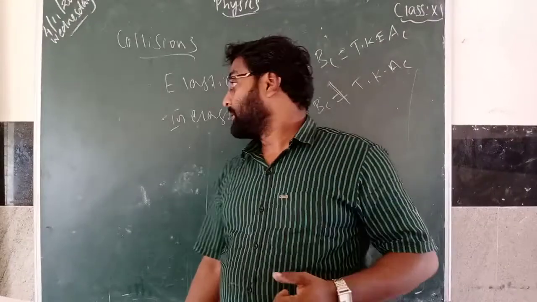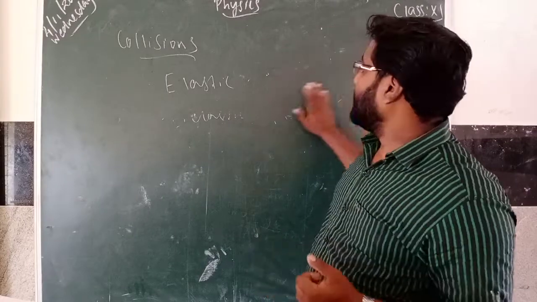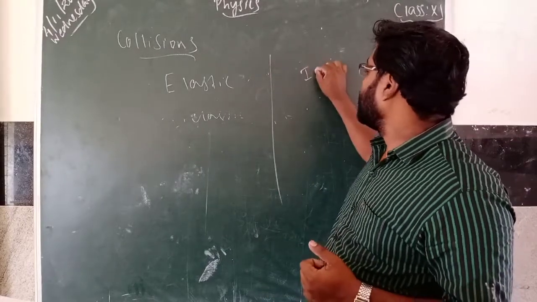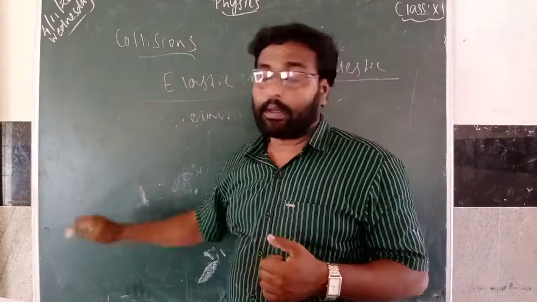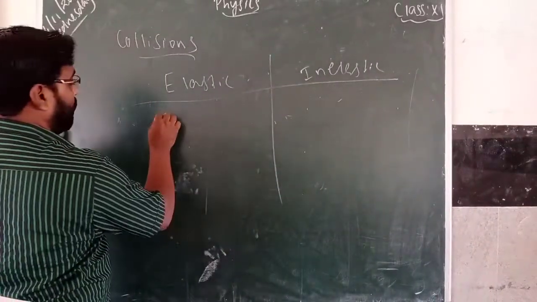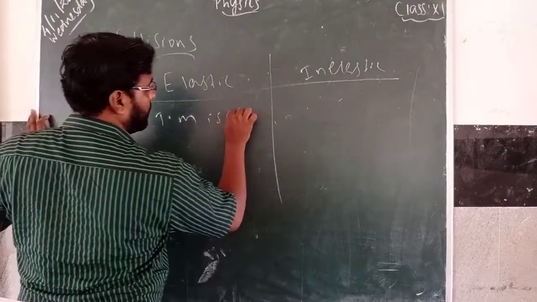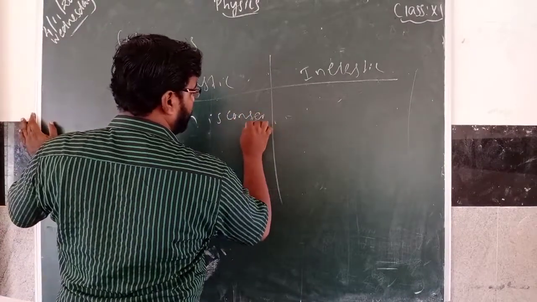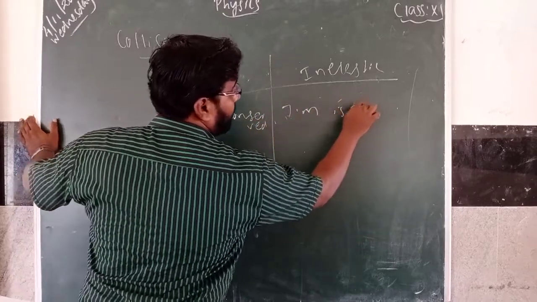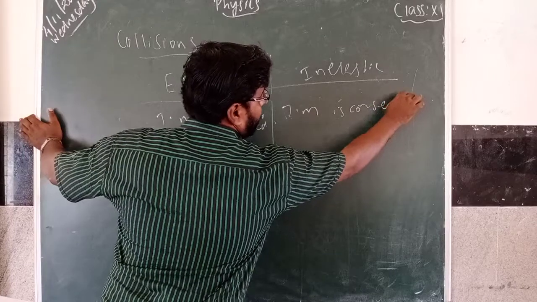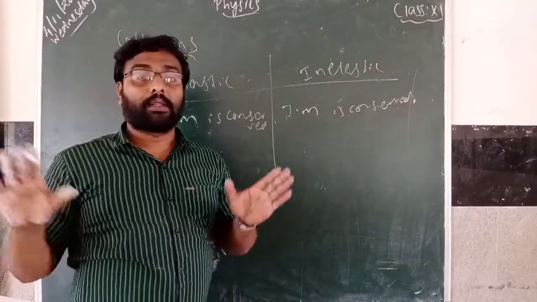So the first difference, elastic collision, inelastic collision. The first comparison is momentum. Total momentum is conserved. Here also the same, total momentum is conserved. Momentum won't be changed before collision and after collision.